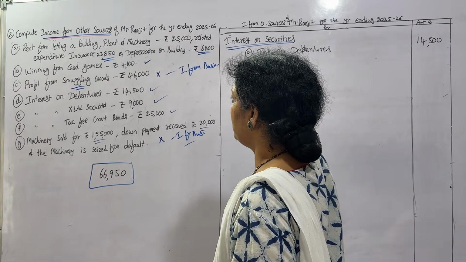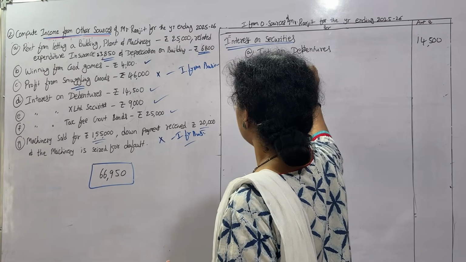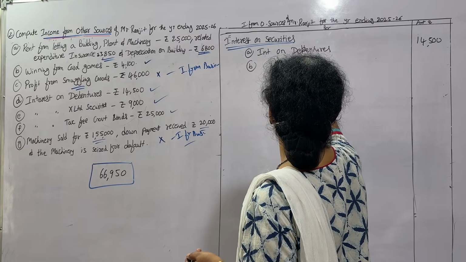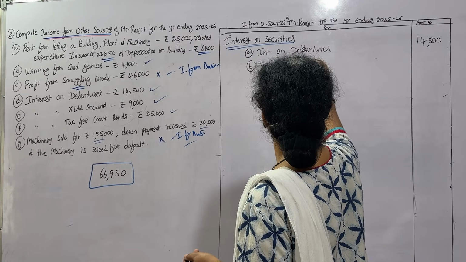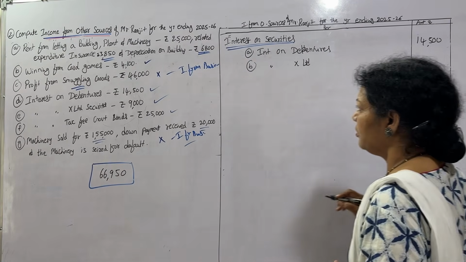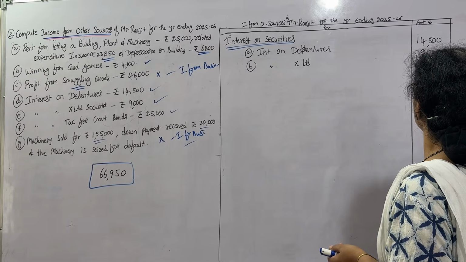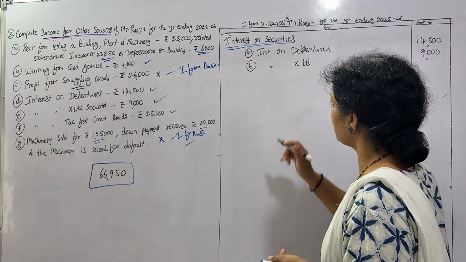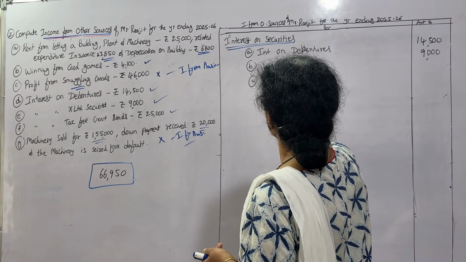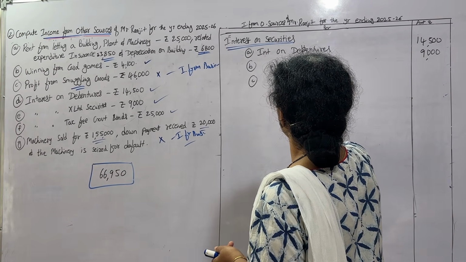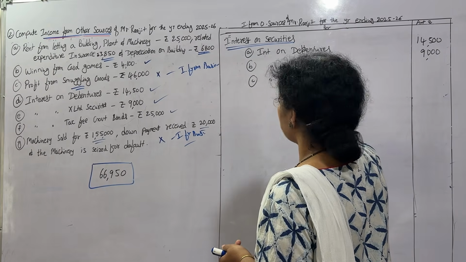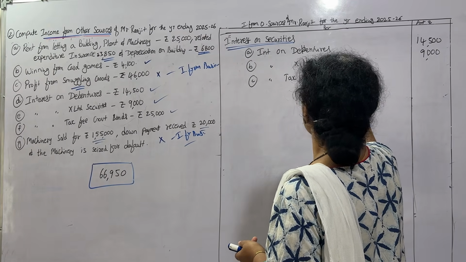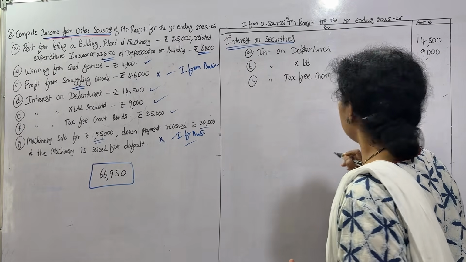And next one is interest on X limited, 9,000. Next one, interest on tax-free government bonds, 25,000.